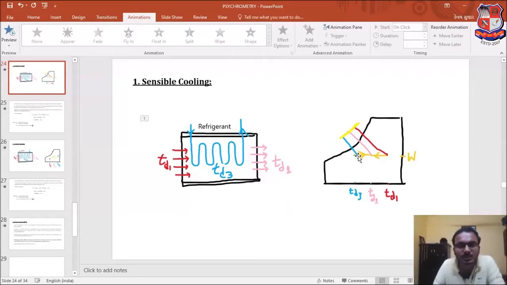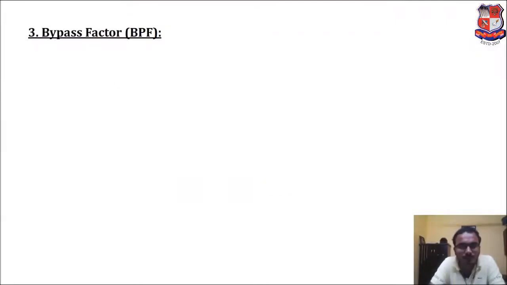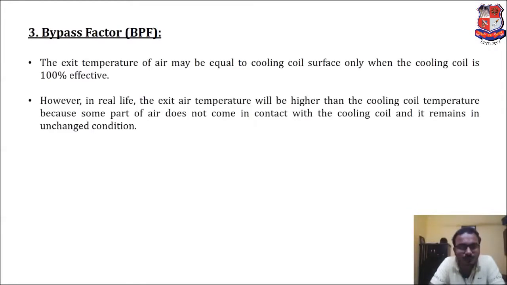That will be 100% cooling performance. However, it is not achieved in real life. In real life, the exit temperature will be higher than the cooling coil temperature because some part of air does not come in contact with the cooling coil and remains unchanged. That's why the exit temperature is higher than the cooling coil temperature.